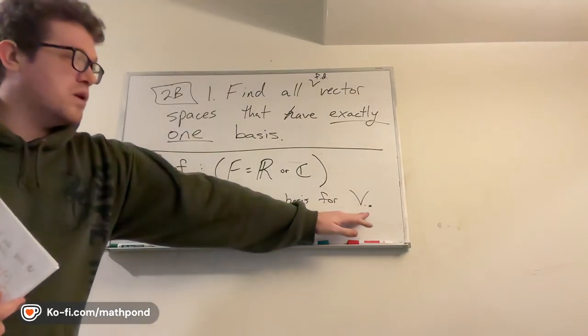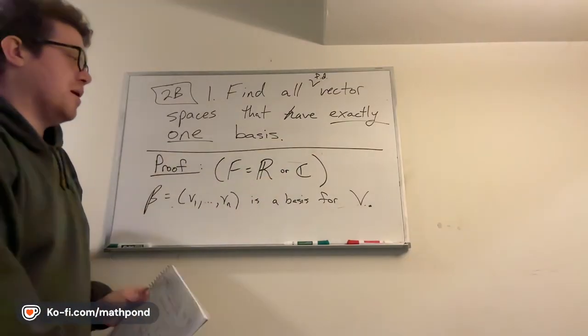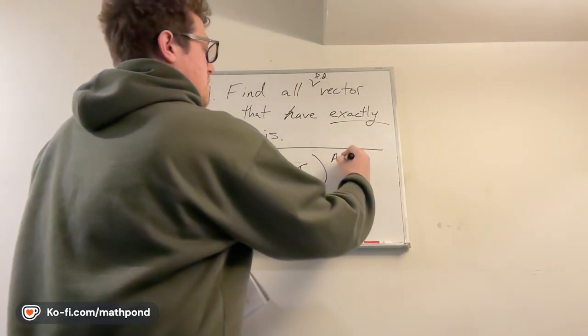Basically, what does this force to happen? Let's assume there's only one basis. Assume V has exactly one basis.